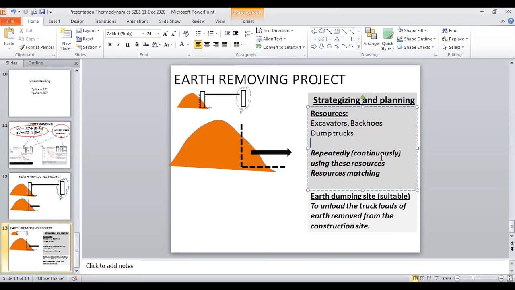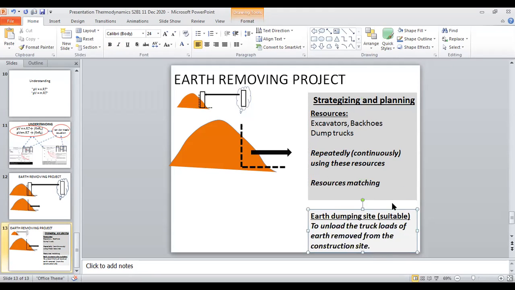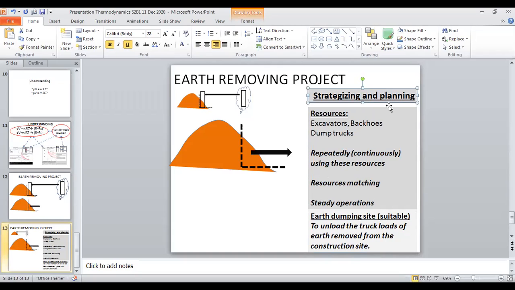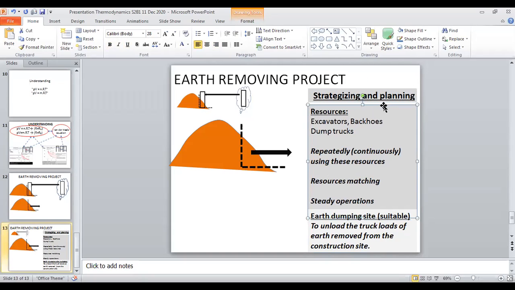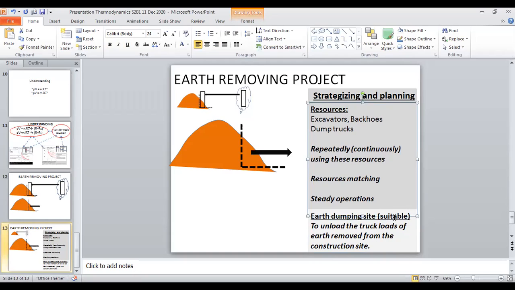Okay, resource matching and steady operations, that is very important. Very important. Okay.